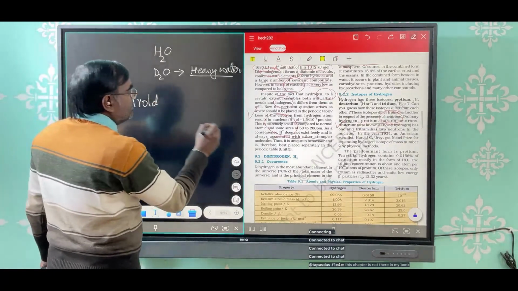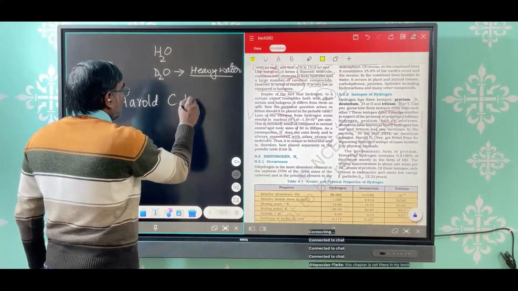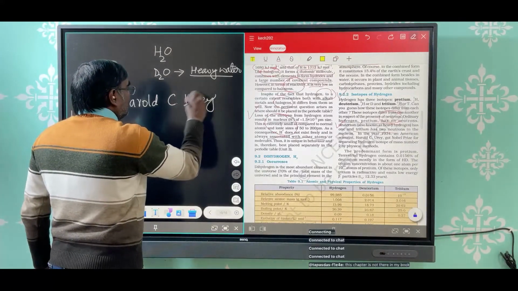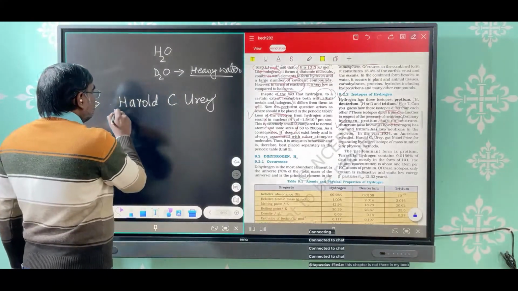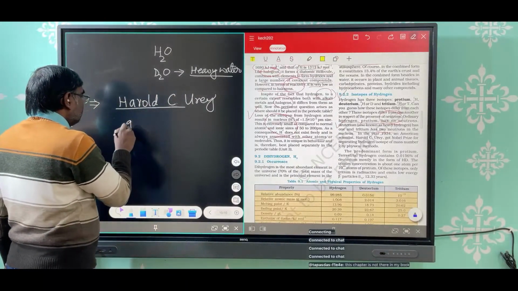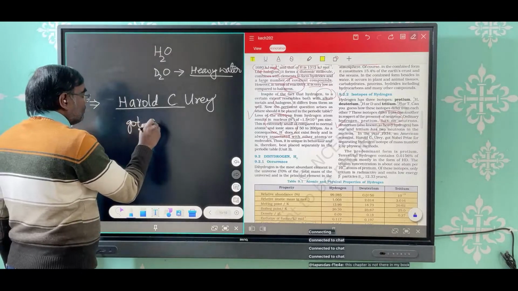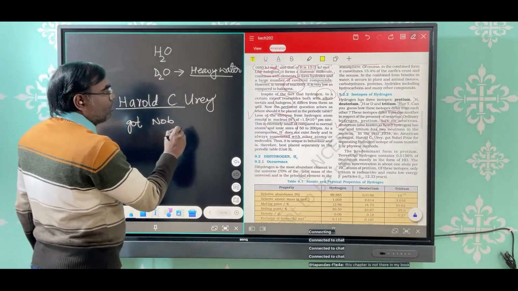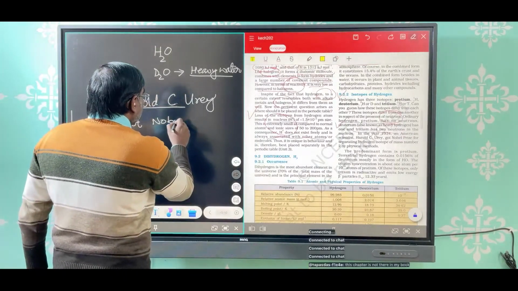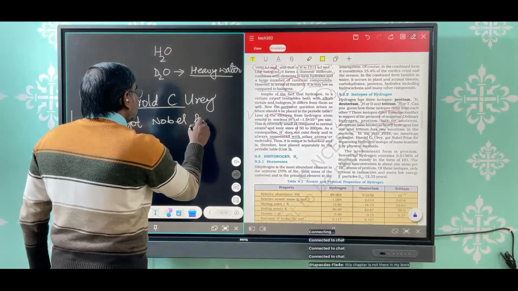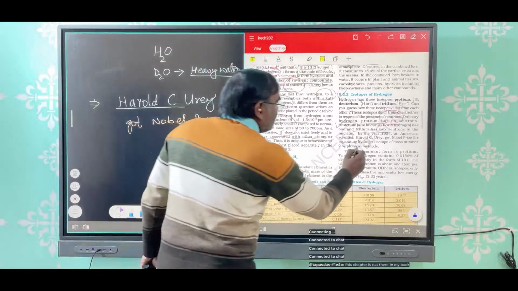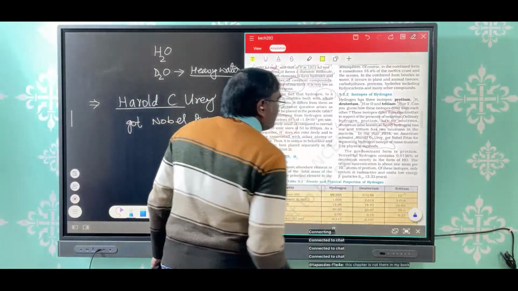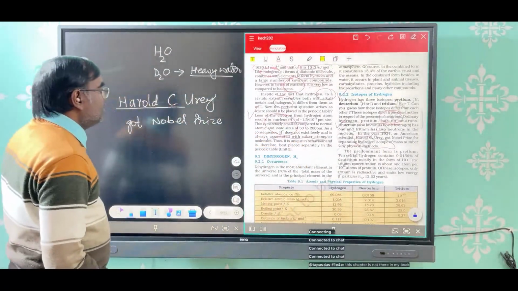Harold C. Urey was the scientist who got the Nobel Prize for separating the hydrogen isotope of mass number 2 by physical method.